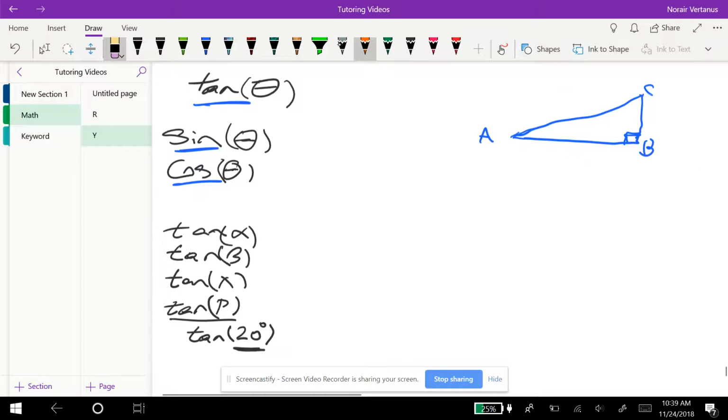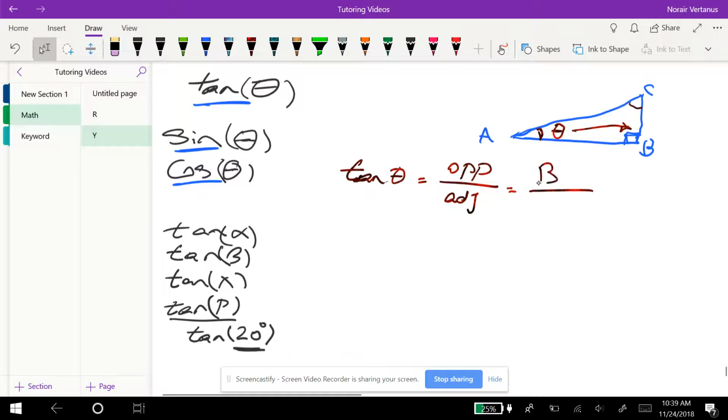ABC. Now, when we say tangent of an angle, I'm going to label one of these angles, either this angle or that angle. I can label this angle, for example, theta. So when I say tan of theta, tan means opposite divided by adjacent. What is opposite? Opposite of theta is that segment, which is BC.